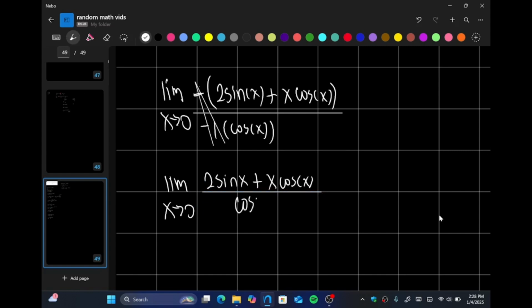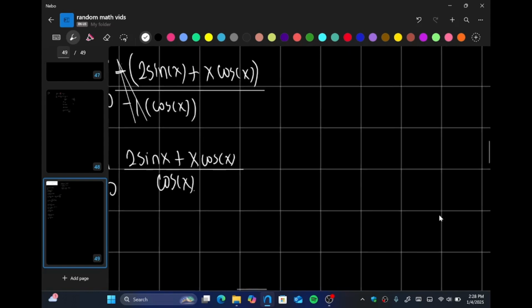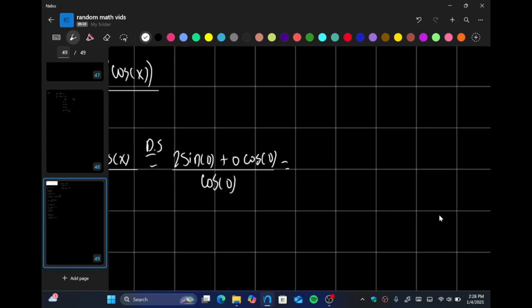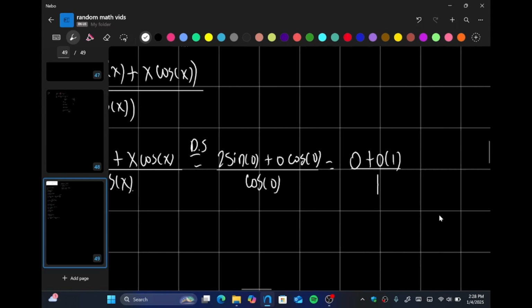So again, if we evaluate this by direct substitution, it still gives us the same thing. You can test it if you want. If you can't do this in your head, you can literally write it out and see that. So it's still the same thing.